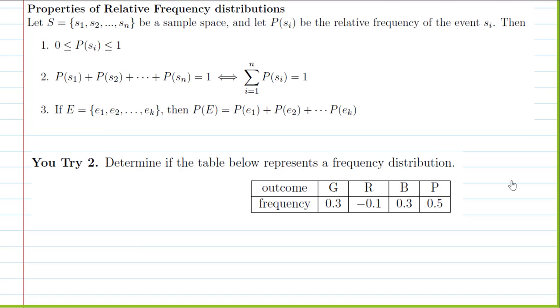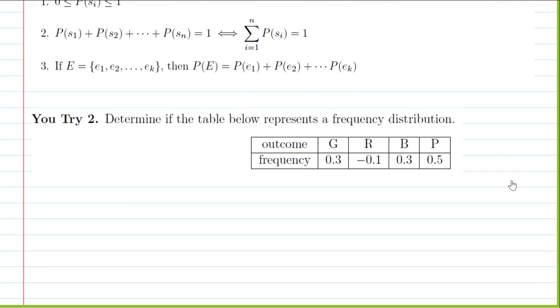Well, let's check each of our properties. So, property 1 says that the probability of any event has to be between 0 and 1 inclusive. So what would be P of G? Well, 0.3. And what would be P of R?